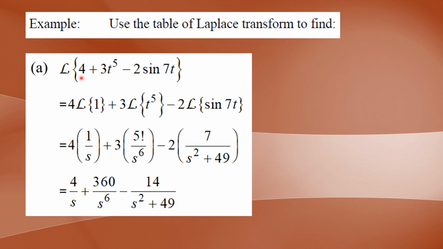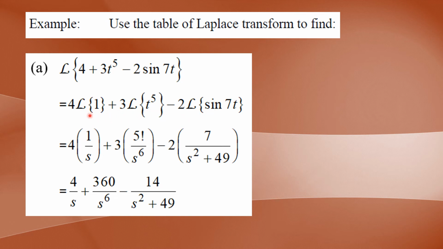And the Laplace transform of 3t to the power 5 can be written as 3 multiplied by the Laplace transform of t to the power 5. And the Laplace transform of negative 2 sine 7t can be written as negative 2 multiplied by the Laplace transform of sine 7t. After we have written down this step, we can refer to the table of Laplace transforms to get the transform of each of the functions shown here.